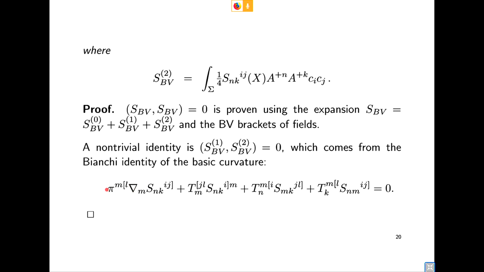Essentially, this is the E-covariant derivative of S, and some product of the E-torsion T and S, and some alternation in the anti-symmetrization, equal to 0. It is a kind of Bianchi identity. So from the Bianchi identity we can prove this one, and finally we can prove the classical master equation like this.